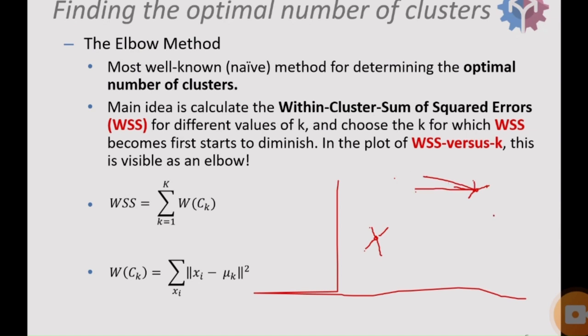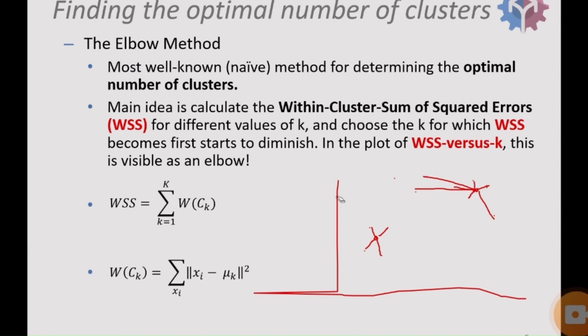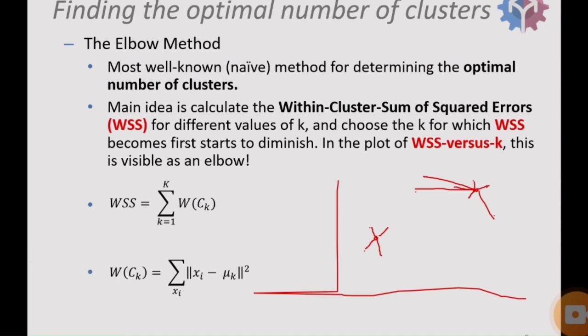Let me remove this point and put it here, because otherwise it will look messy. So what you actually see is the distances of each point with its own cluster within the data.